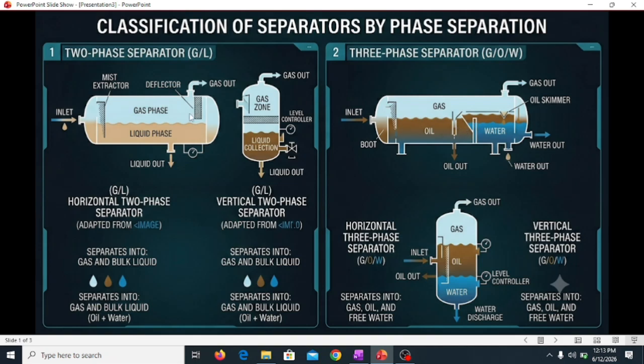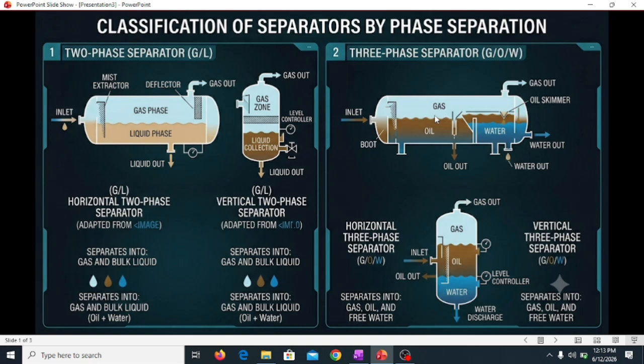But when you talk about just gas and liquid, that is a two-phase separator. Remember that when we have too much gas in the crude oil, we use a two-phase separator. Now when we have too much liquid in the crude oil, we use a three-phase separator.